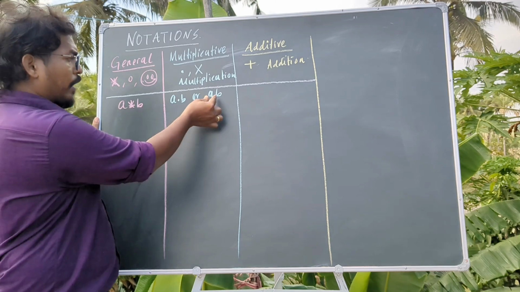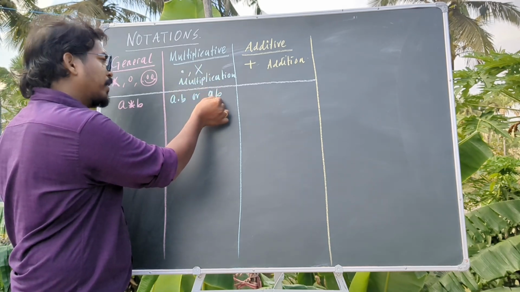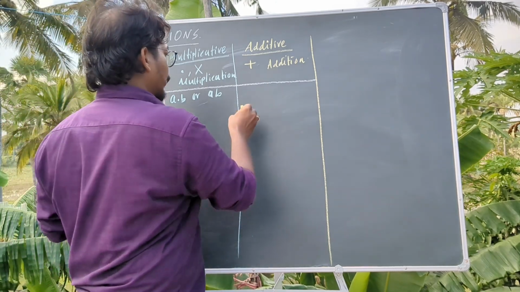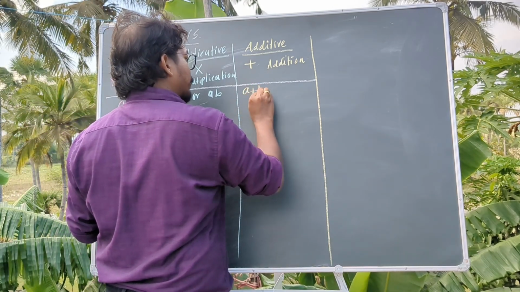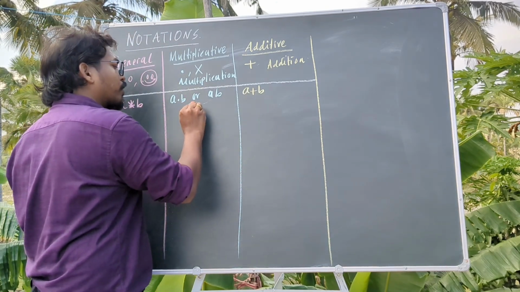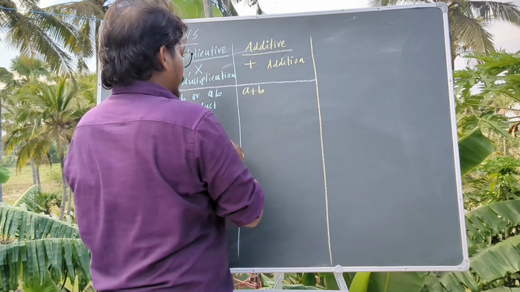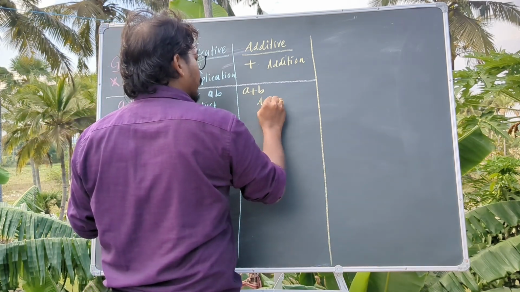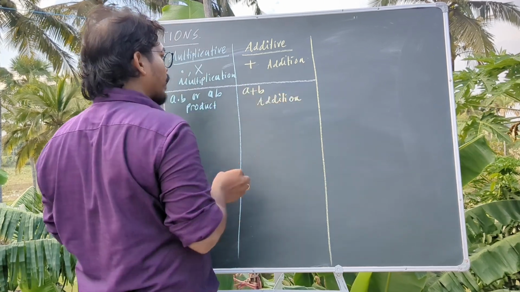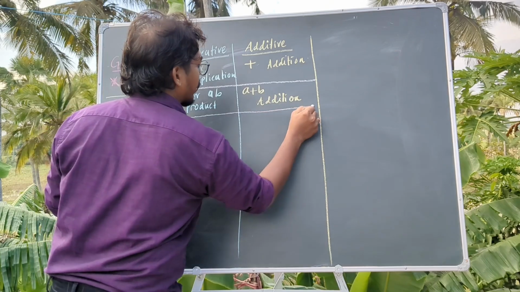AB means A operated with the element B under the operation we have. And here we have A plus B. Read it as product of A and B, and this will be read as addition of A and B. This is our second column.